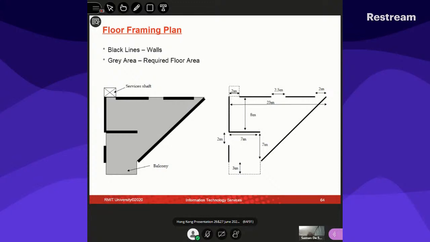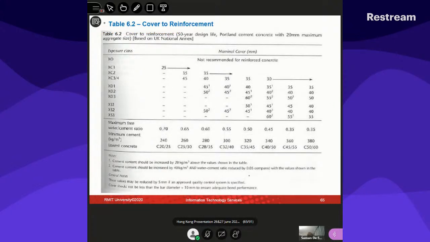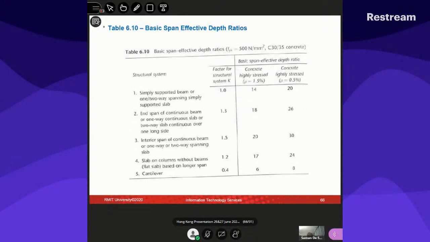I'm not going to go step by step here, but we are talking about this Eurocode that we have provided, but you can use your Hong Kong code, Australian code, or whatever it is. Different codes have different ways of doing things because country to country these things are slightly different. But fundamentally, you should be using that knowledge to get the best floor framing option.